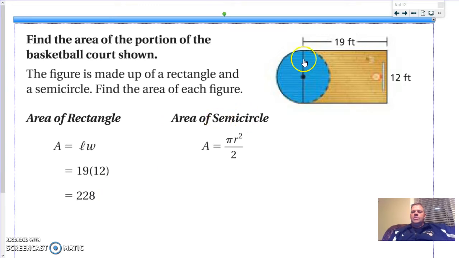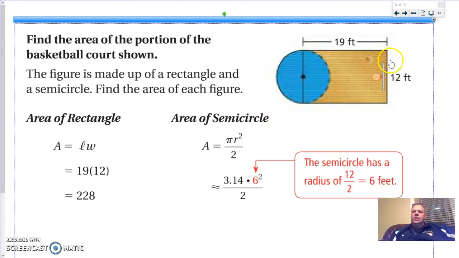The area of the semicircle is pi r squared, and because it is a semicircle, we have to divide it by 2. Our radius is 6, because we know that this distance is 12, so half of 12 is 6. So we're going to take 3.14 times 6 squared, so we've got 36 times 3.14 divided by 2, and we get an answer of approximately 56.52.